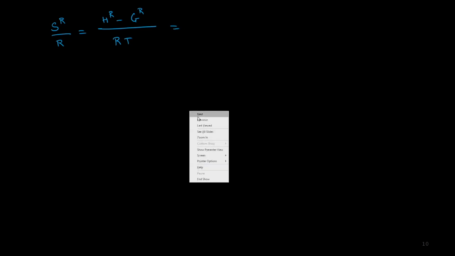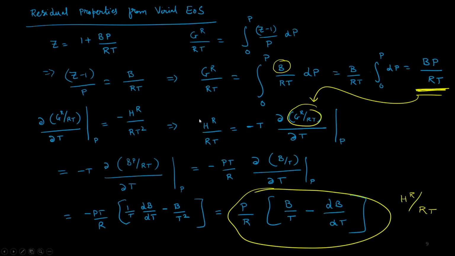Now once I have HR by RT and GR by RT, SR is pretty easy to calculate. It turns out that SR over R is (HR minus GR) by RT. I have both HR and GR from the previous slide.